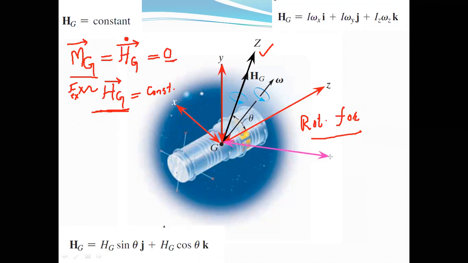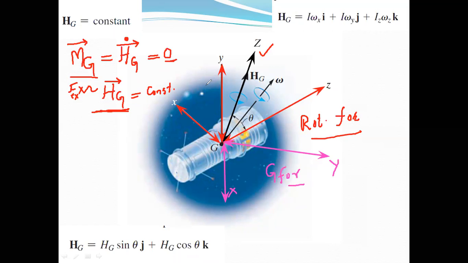That is my one more axis, and another axis I will draw like this. I will call this my capital X and this capital Y. This capital X, capital Y, and capital Z are also perpendicular to each other at point G. This represents my ground frame of reference.